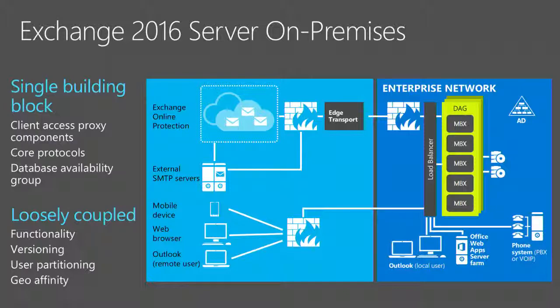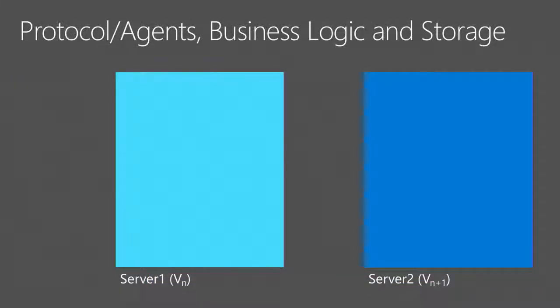We don't care where they are, and from the user aspect as well. And I'll talk about a little bit what I mean by that when we talk about this concept that we have called every server is an island. This is something that we introduced in Exchange 2013 specifically so that we could set the stage for going forward with something like Exchange 2016.